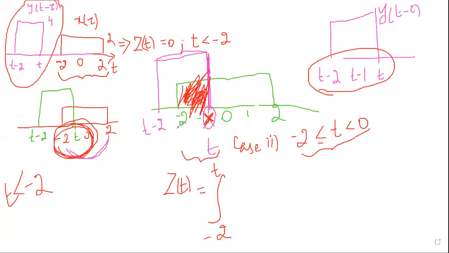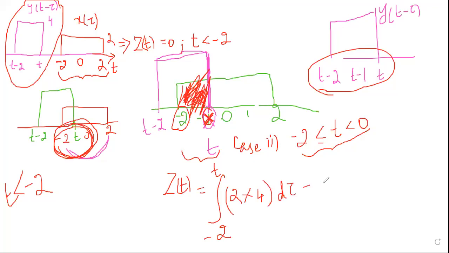See, the lower limit we are taking from x of t and the upper limit we are taking from the y of t minus tau. Once we solve one more problem, you will tell me easily how the limits can be written. So now, what is x of tau from the question? X of tau is 2 and h of t minus tau is 4. With respect to tau, I'm going to integrate it.